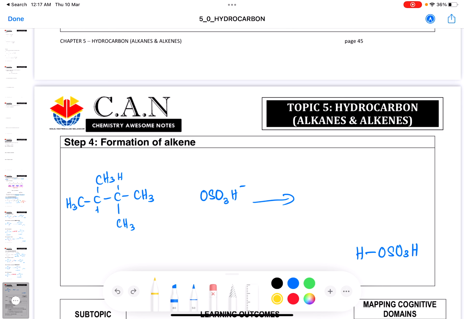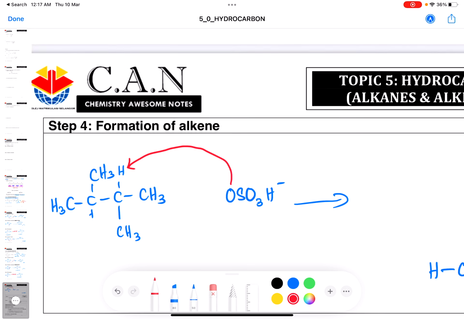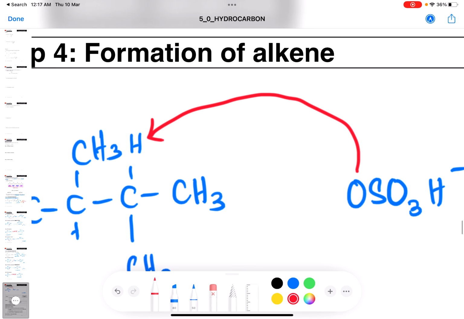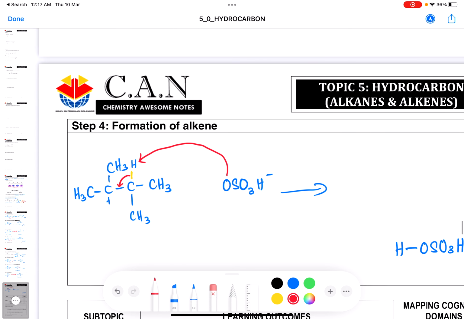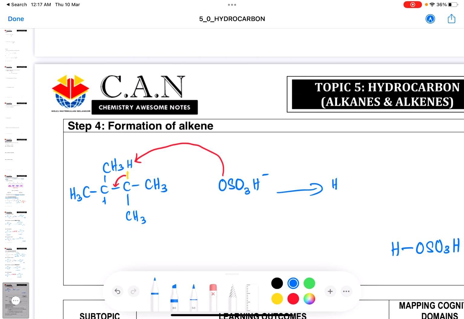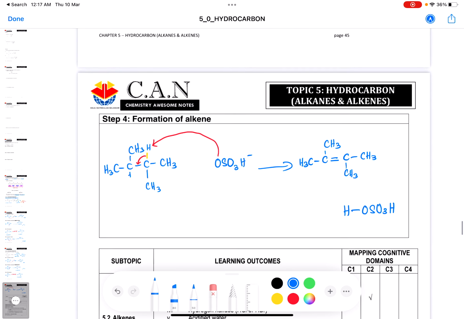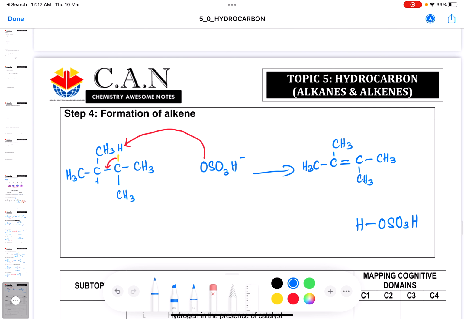So this will take the H here to produce H2SO4 back, and this bond will be given here to produce the alkene. Okay, there you go. The mechanism of dehydration of alcohol with additional rearrangement steps.